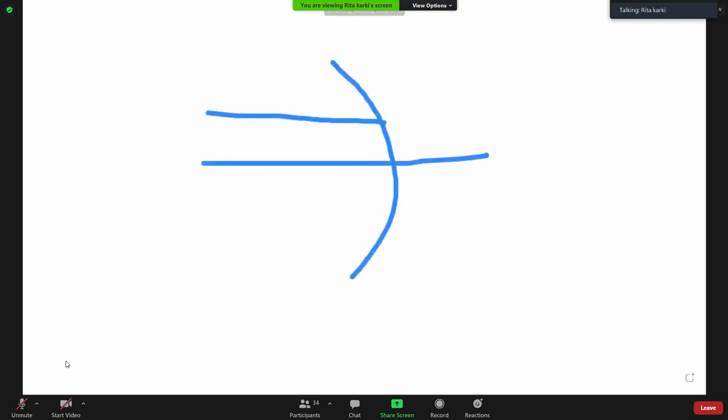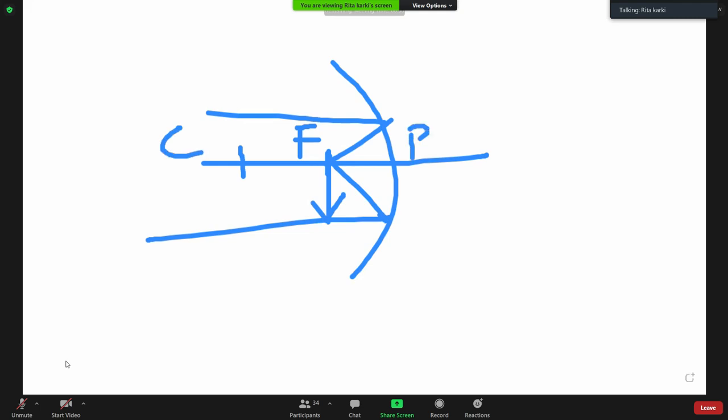At the principal focus. Where is the image always formed? It will be formed at the principal focus. Here, when the object is placed at infinity, the image of the object will always be formed at the principal focus.